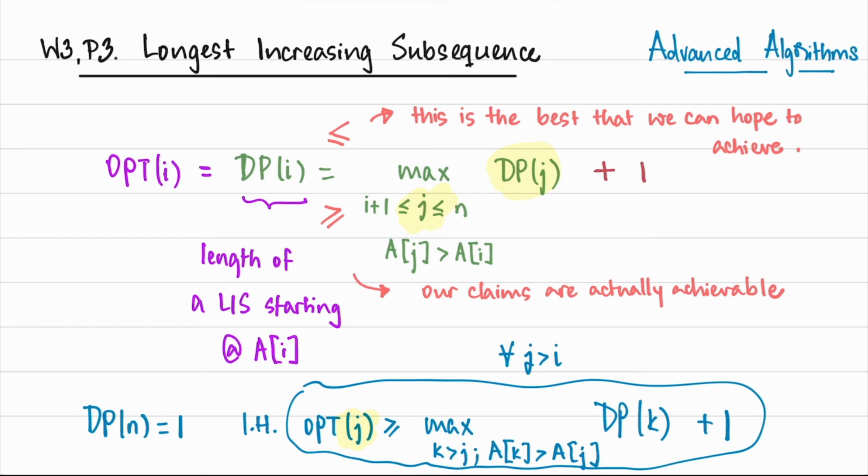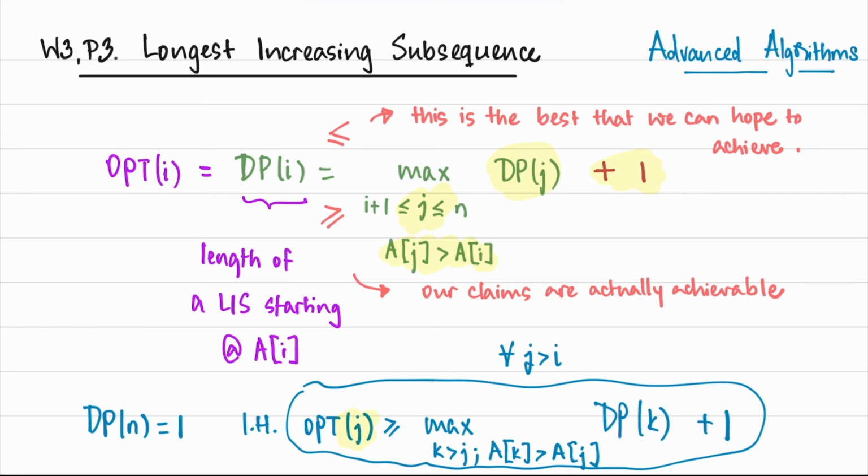And because j is such that a of j is bigger than a of i, I can take this whole subsequence that is witnessed by the induction hypothesis and paste it in front of a of i. That will give me a sequence that is one longer than the value at dp of j and is a valid increasing subsequence starting at a of i.